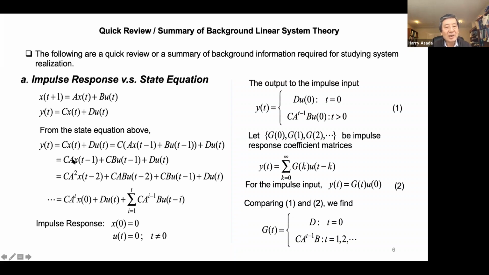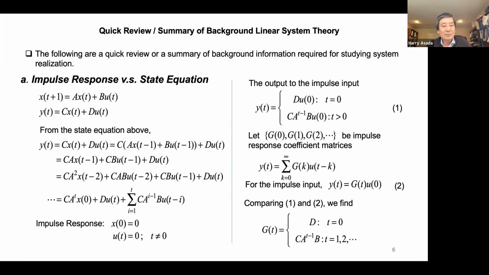Every time you move backward, you have to multiply by A repeatedly, ending up with A raised to the t-th power, and then D u_t, and collecting all these u terms can be written this way: the sum of C A^{t-i} B u_{t-i}, with i equal 1 to t. Okay, so this is the expression of y_t by using the state equation repeatedly, and you arrive at the initial condition x_0.